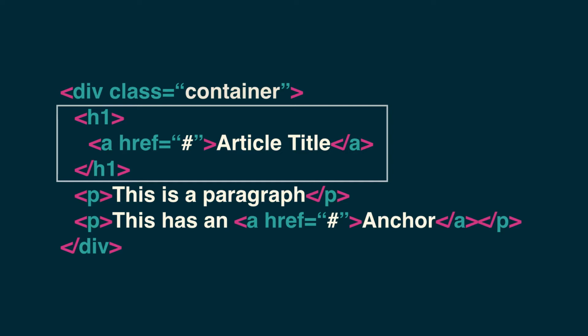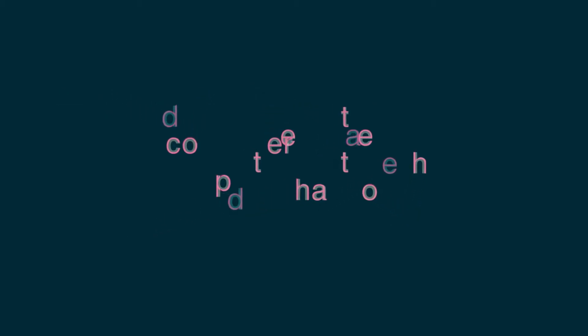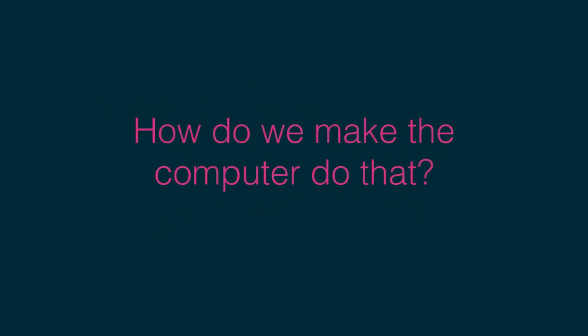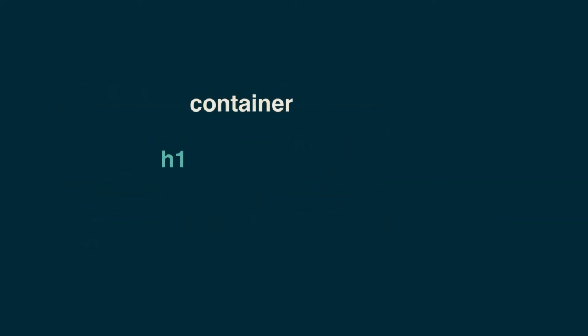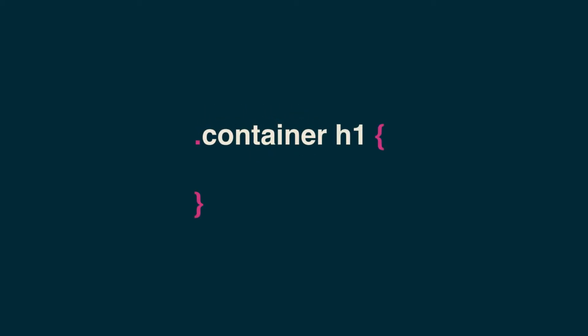So now we want to just go one more level in. How can we make the computer go one more level? It's easier for us to say, well, just take the div with container and then go one more level. But how do we do that? We're going to use a combination of CSS selectors, which is really just a combination of the two very basic ones that we talked about on Thursday.